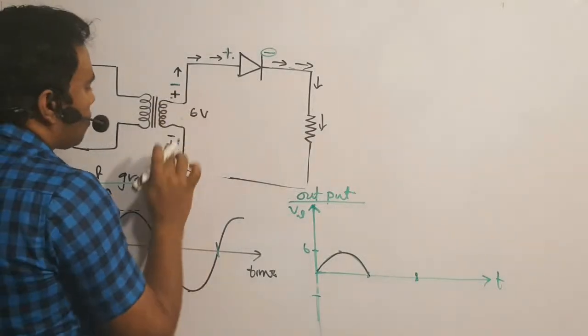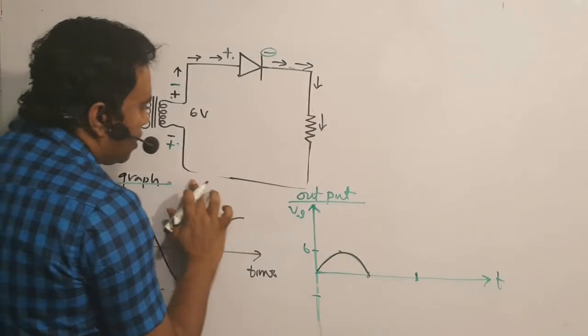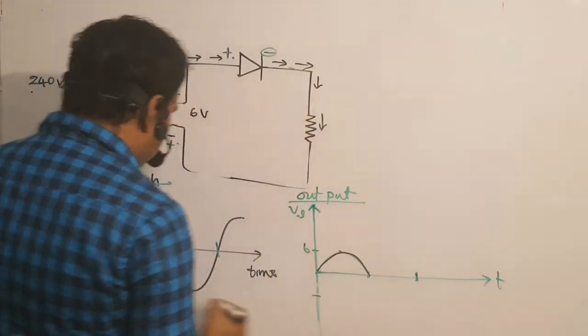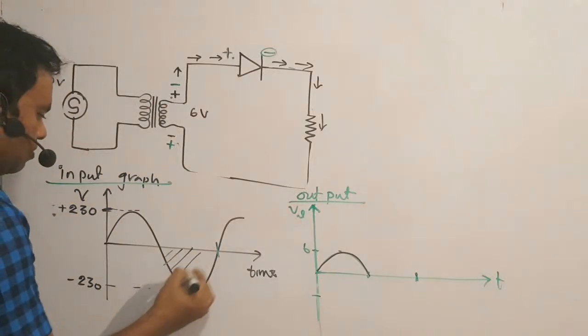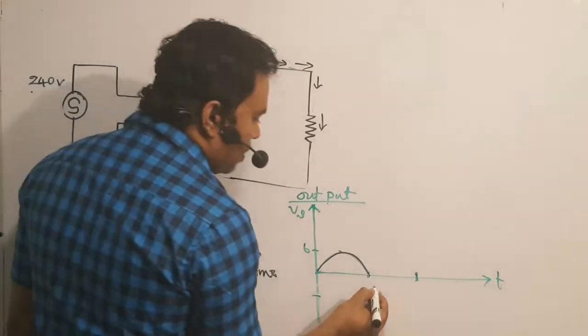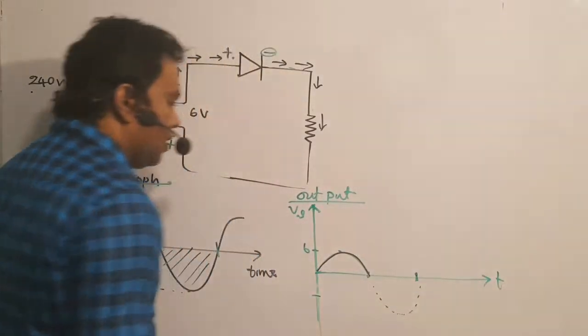When that other side becomes positive, that means when current is to flow in the reverse direction, the current going to the other side is cut off. That current is not passed.